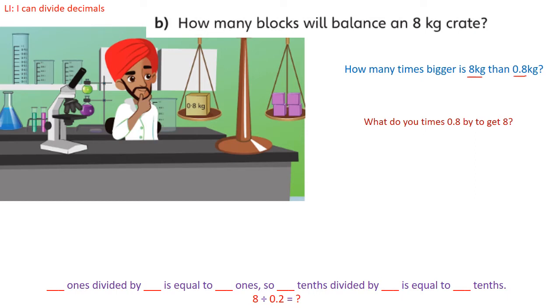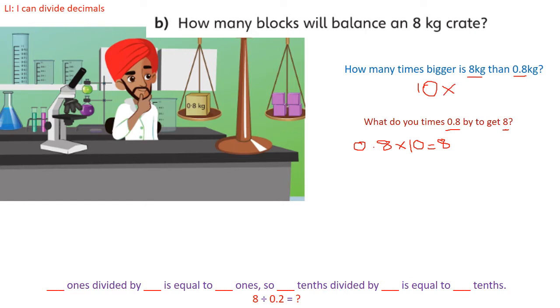What do you times 0.8 by to get to 8? Well, I know that 0.8 times 10 equals 8. So it is 10 times bigger.